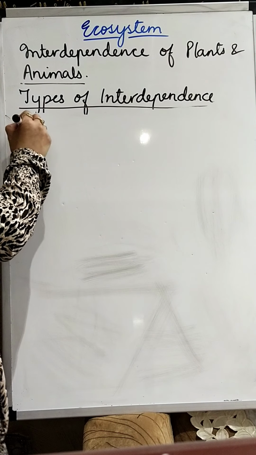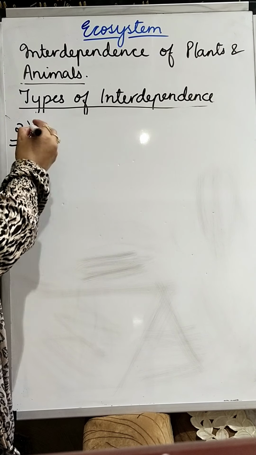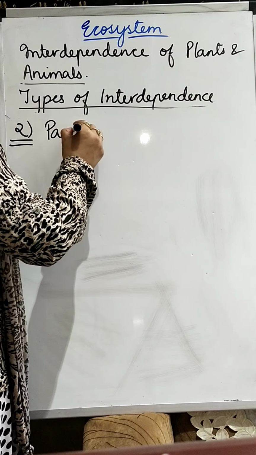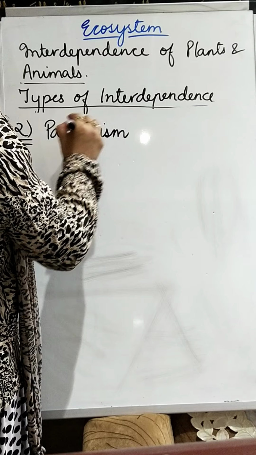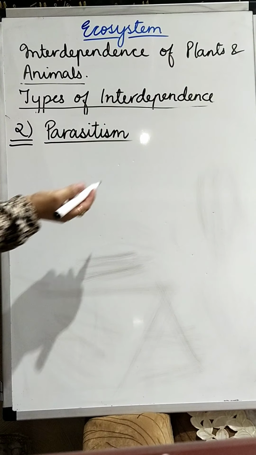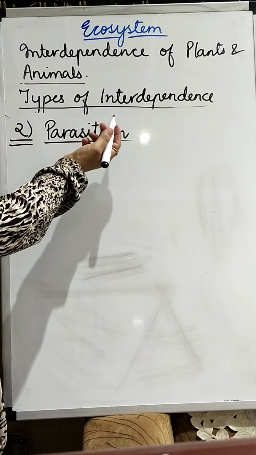Now the second type of interdependence is parasitism. Parasitism is another type of interdependence.